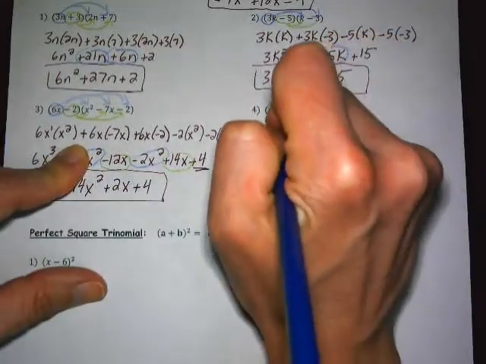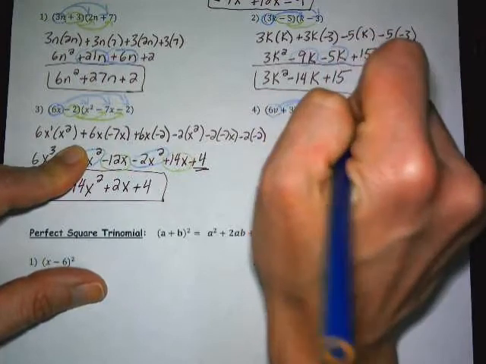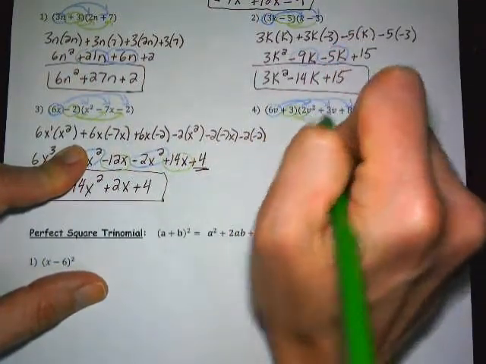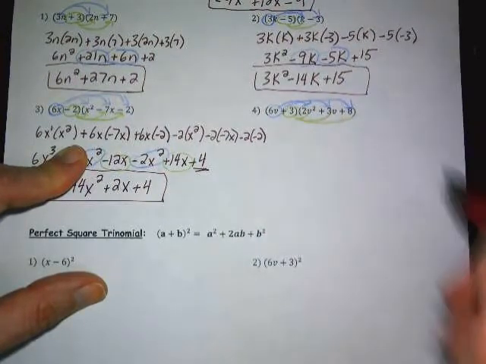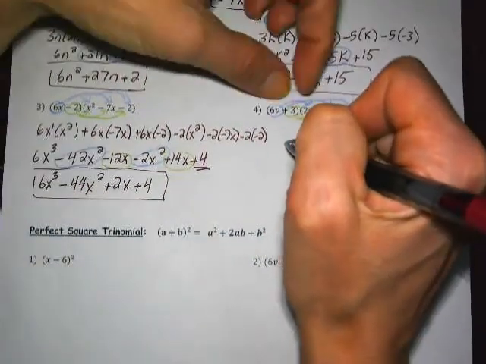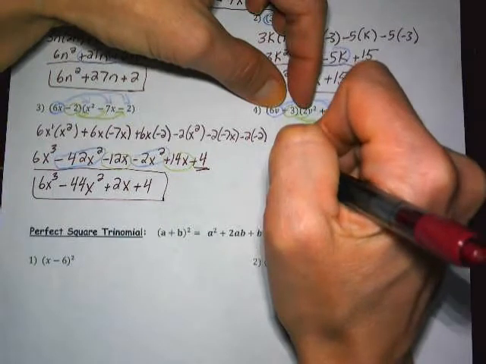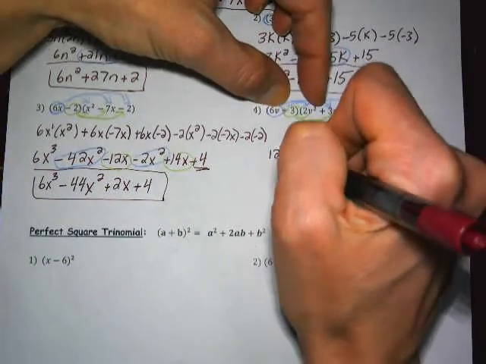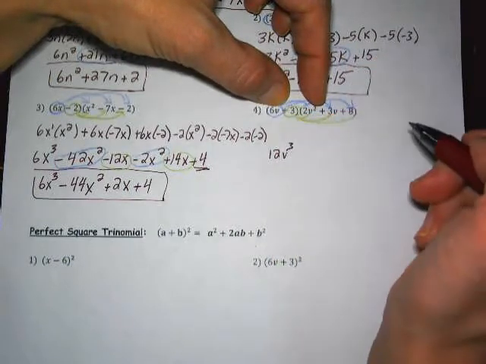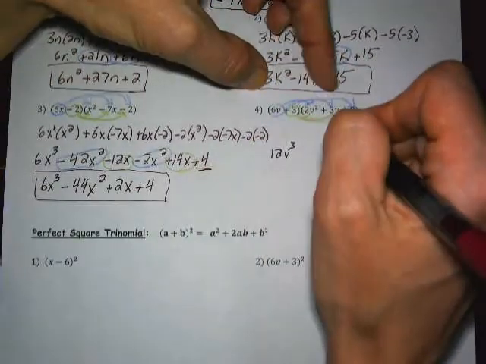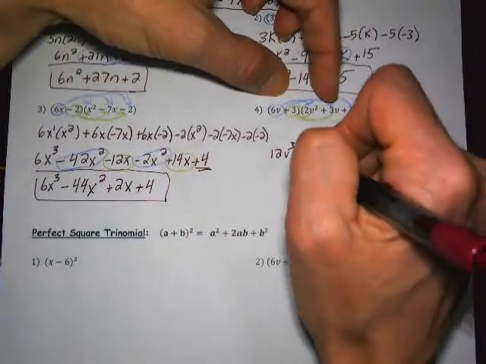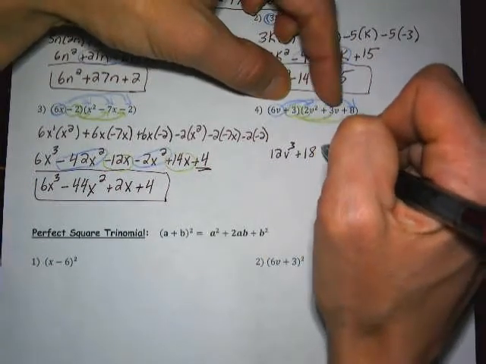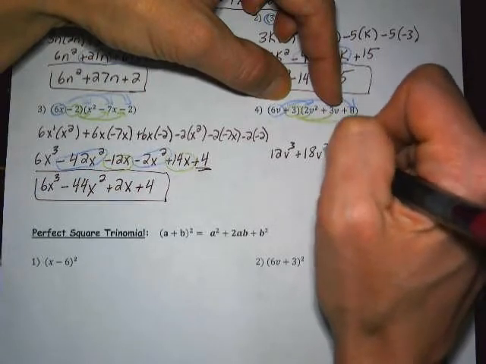So 6v times all three pieces, and then 3 times all three pieces. 6 times 2 is 12. v to the 1 times v to the 2 is v to the third. Then 6v times 3v. 6 times 3, v to the 1 times v to the 1 is v squared.